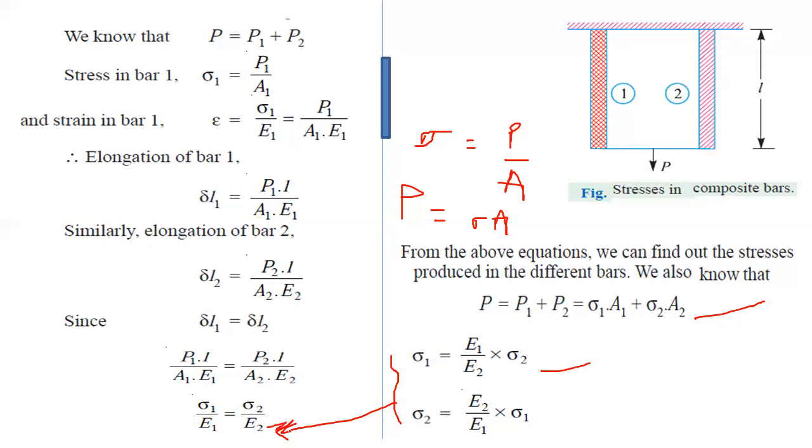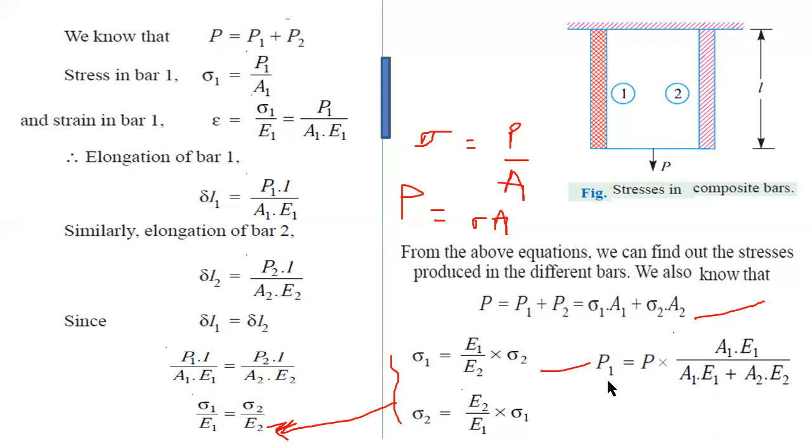Similarly, there are other formulas to determine the load carried by each bar. P1 is the load carried by bar 1. If you know the total load acting on the bar, the individual areas and the individual Young's moduli, then you can use this formula to determine the load carried by each bar.